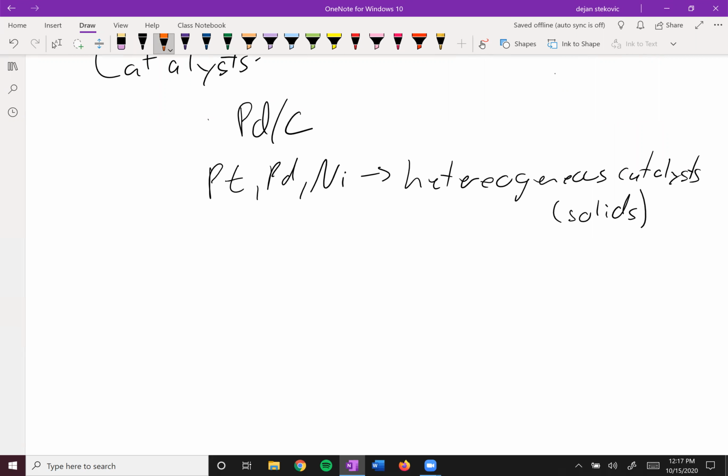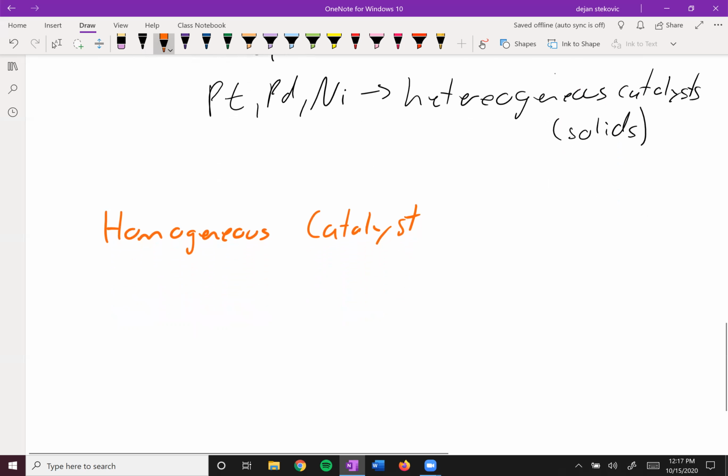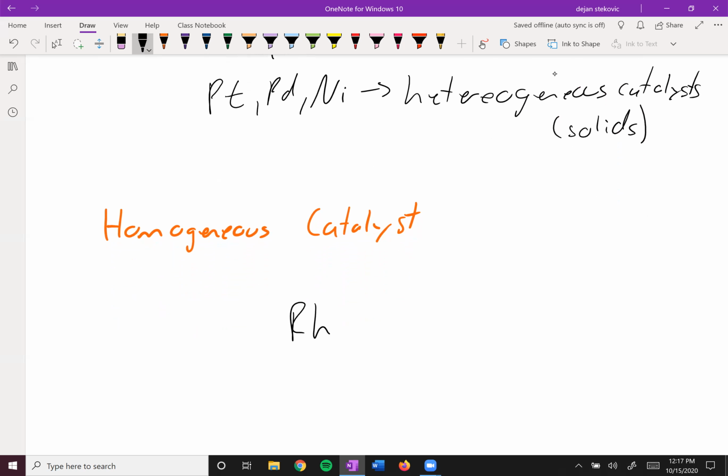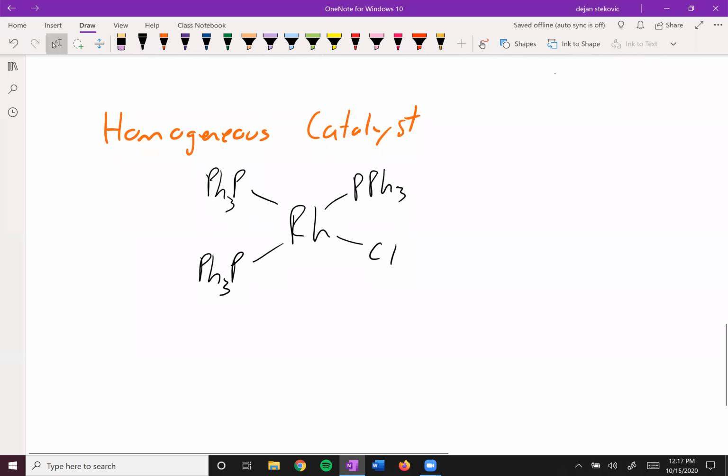We can also use a homogeneous catalyst. And that's this ruthenium complex. It has one chlorine and three triphenylphosphines, right? So the P is a phosphorus and the Ph is a phenyl or an aromatic or a benzene group, right?